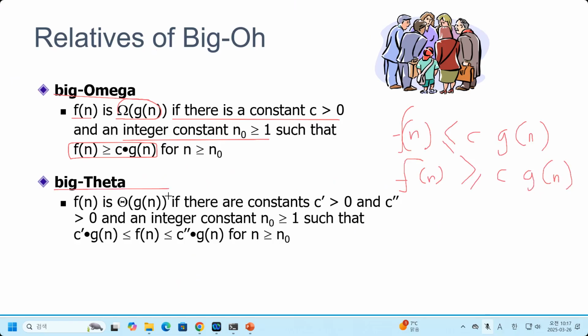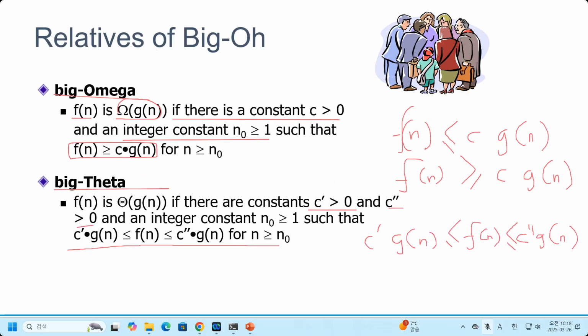For big theta, it should be like this one. We have c prime, a constant, and c double prime, another constant. So c prime g(n) will be in between, with f(n) and c double prime g(n).